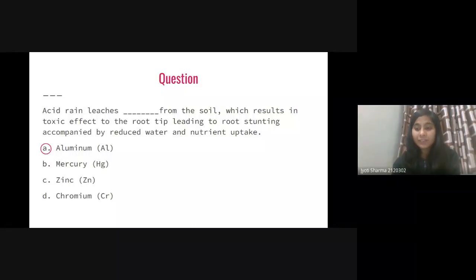Because it is easily dissolved by the acid, it will leach into the soil, and that's why the root will not get nutrients. So this is also toxic in nature. So that's why this will give you root stunting. So the answer should be aluminium.